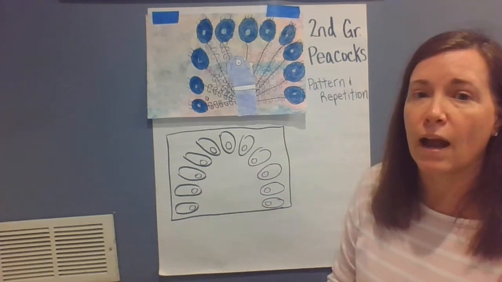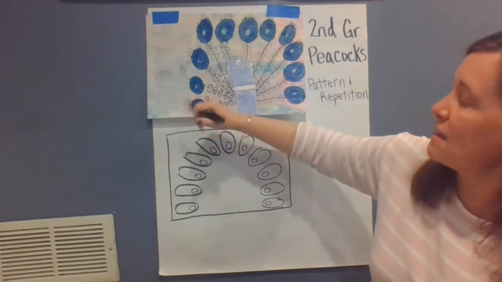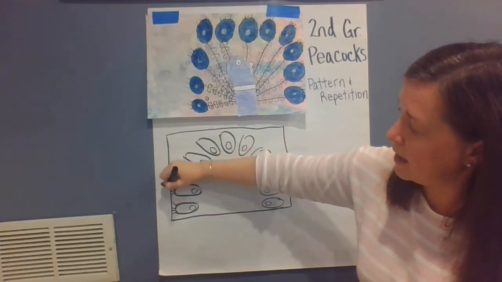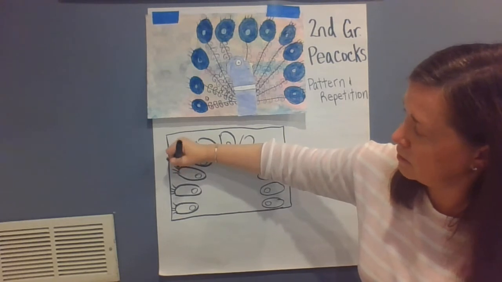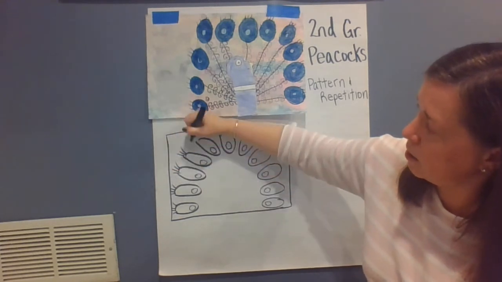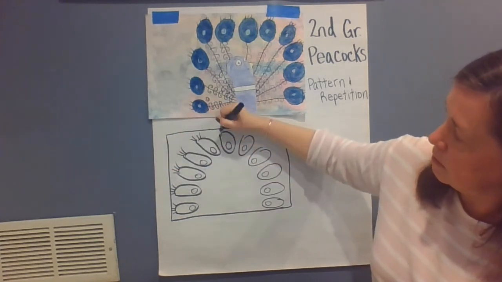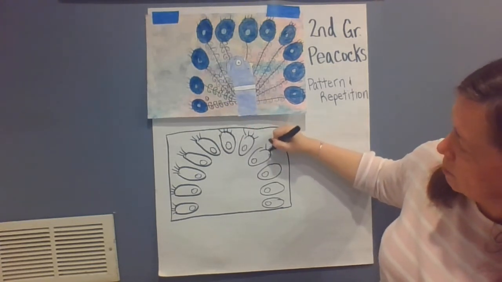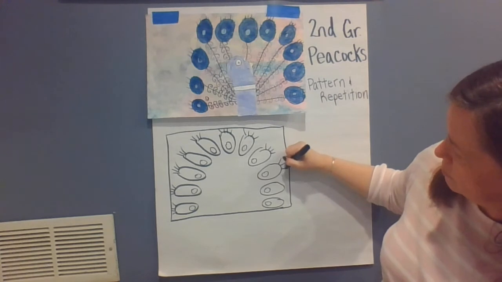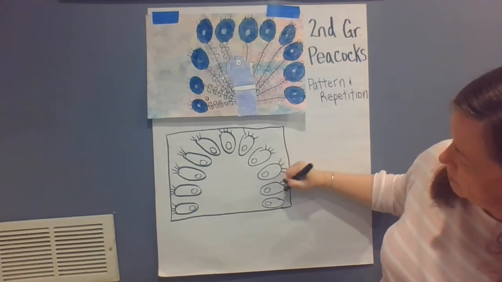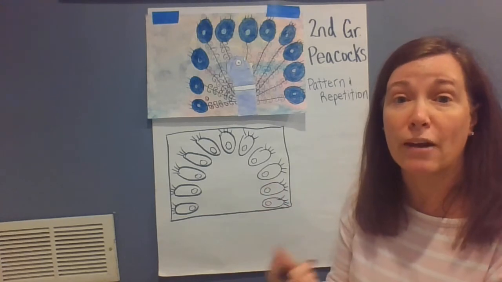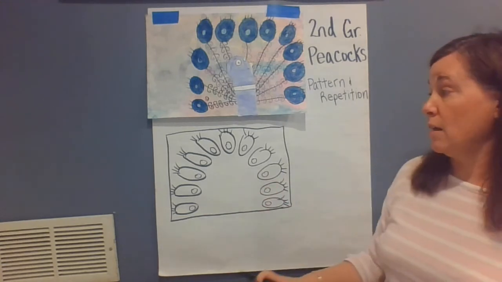We're going to start with our eyes, and then we're going to make these little lines, and we're going to repeat this sort of eyelash effect on all our eyes. These are all going to be different kinds of feathers, but they're going to repeat their shape and their pattern. They're going to look very similar to one another.